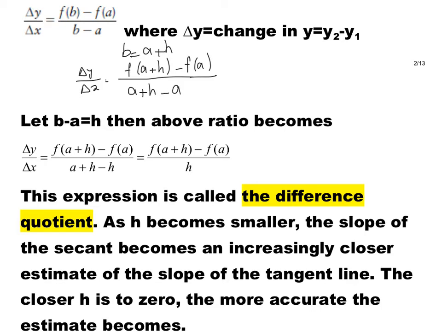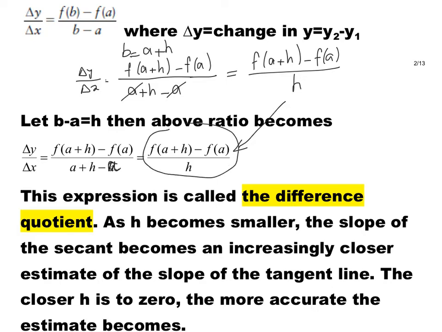Now, if I cancel out a here, I get this is equal to f of a plus h minus f of a over h, as it is given here. And there is a mistake here. This has to be a. Now, we call this expression the difference quotient.